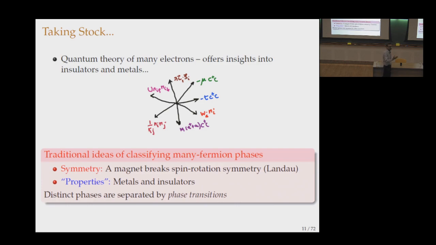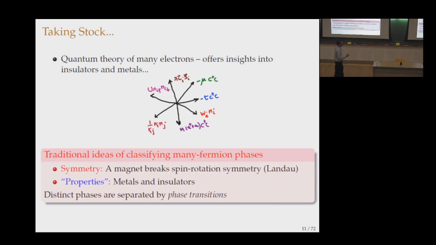If you take a magnet, for example, like a ferromagnet, the magnet actually breaks the rotational symmetry of the underlying spin system, right? The spin system's Hamiltonian is such that it doesn't matter which way you rotate the full universe, it's a symmetry, but the state that is realized, the ferromagnetic state, breaks that symmetry. So that's an example, right?